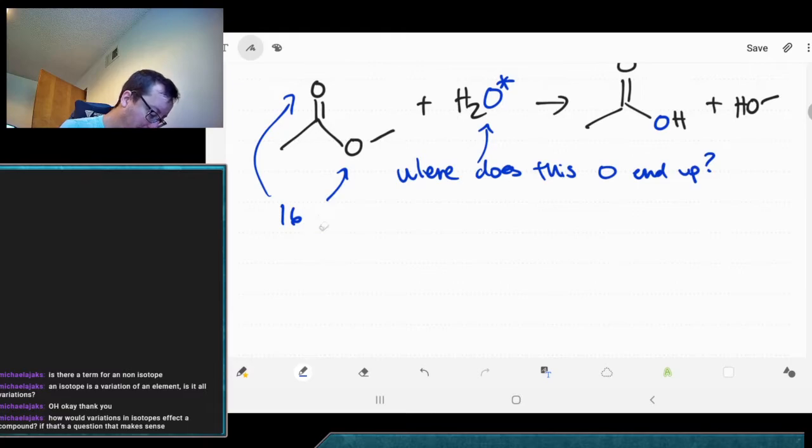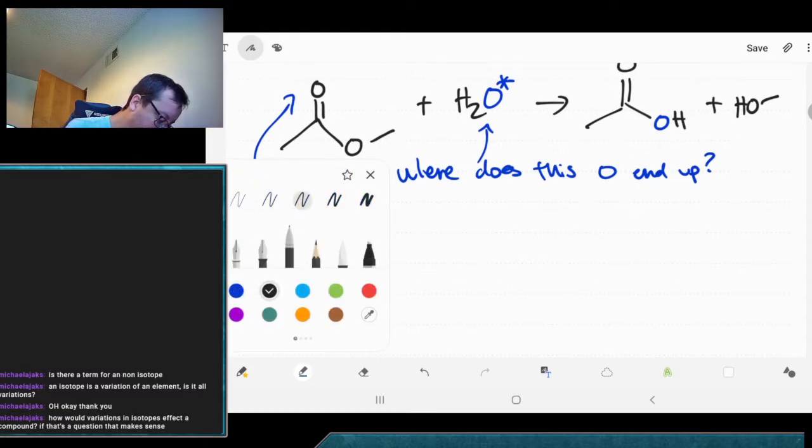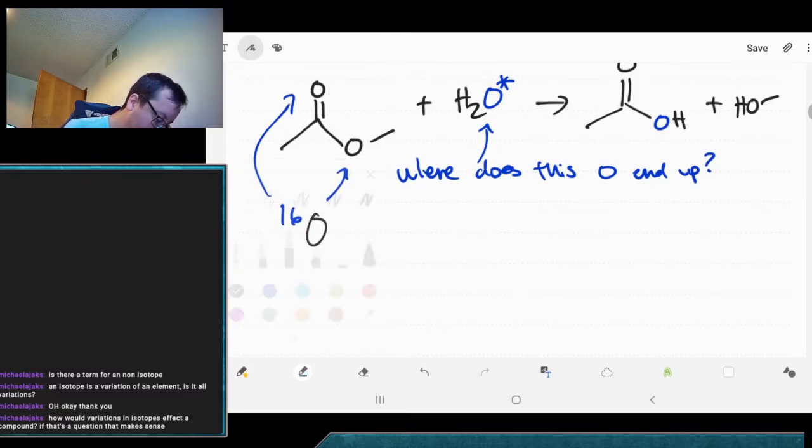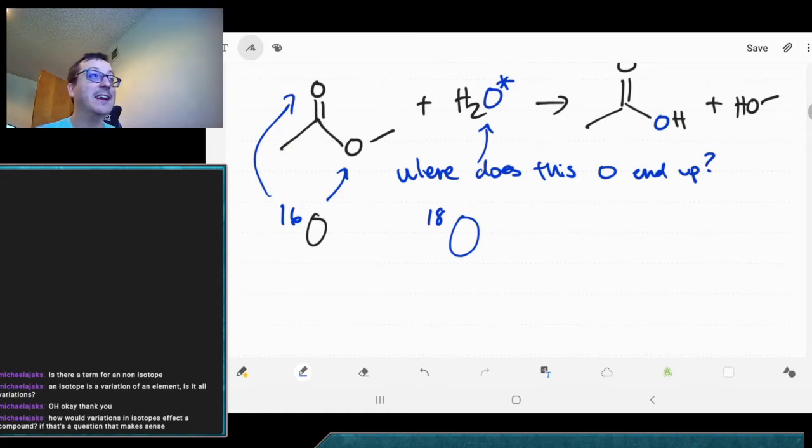If we want to understand how the chemistry of this reaction is taking place, we can isotopically label one of these atoms.